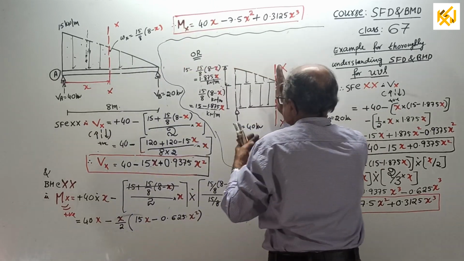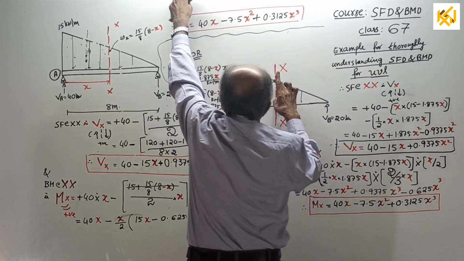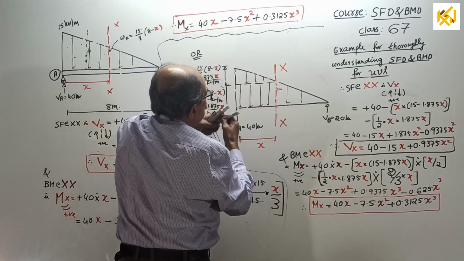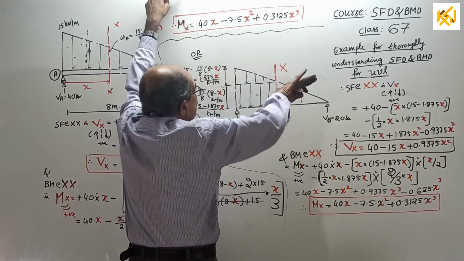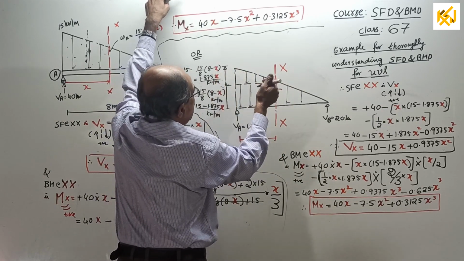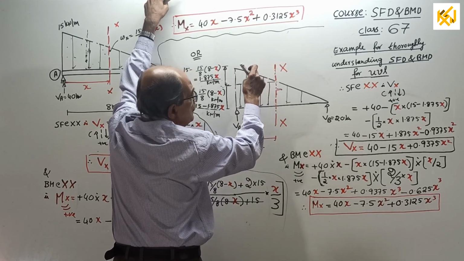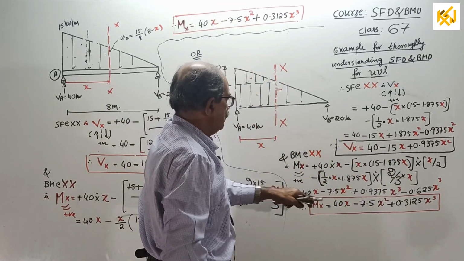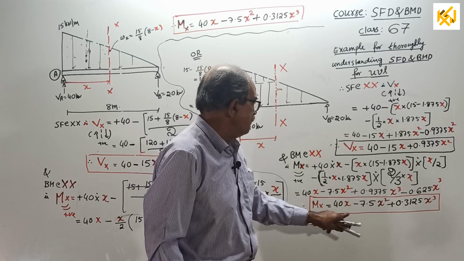BM equation: plus 40 into x minus moment of this load, x into this ordinate into center x by 2, rectangle, again minus half into x into this ordinate 1.875x into CG, which will be from here to here 2 by 3 of x. Where is it? Here, 2 by 3 of x. Now simplify. Very simple mathematics. Simplify, you get the Mx equation.